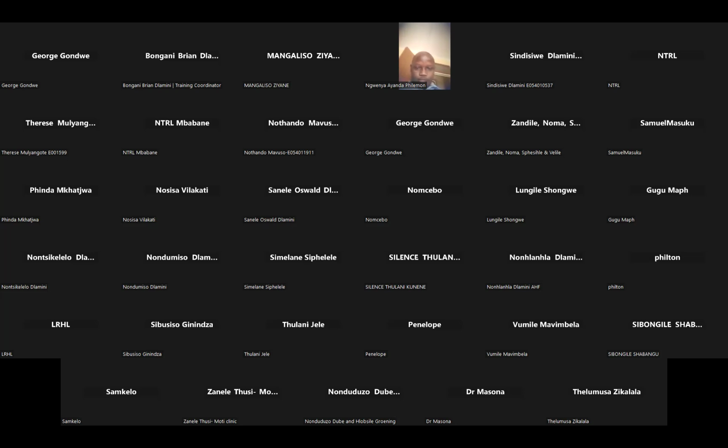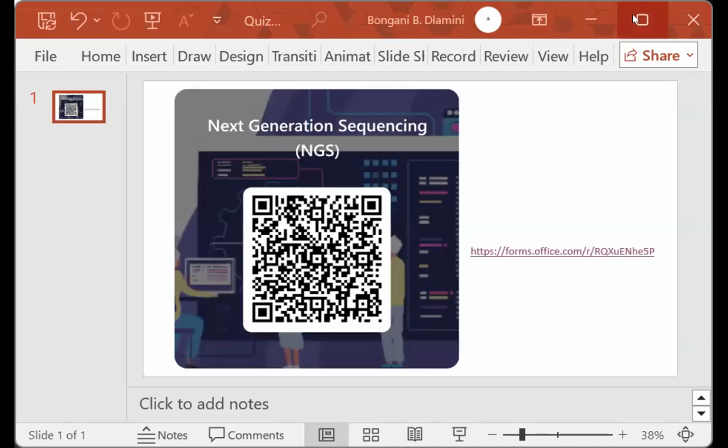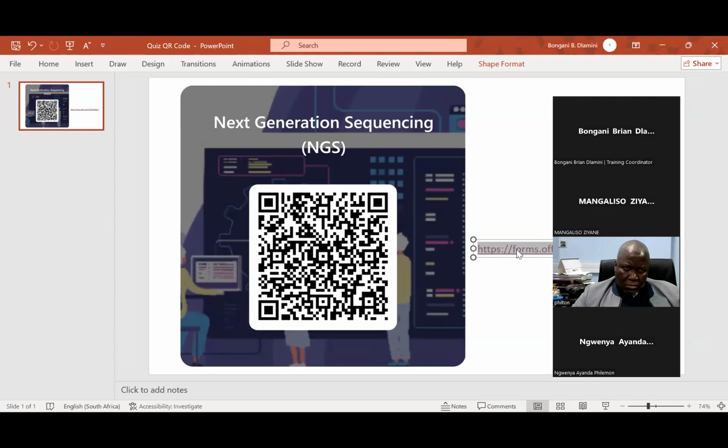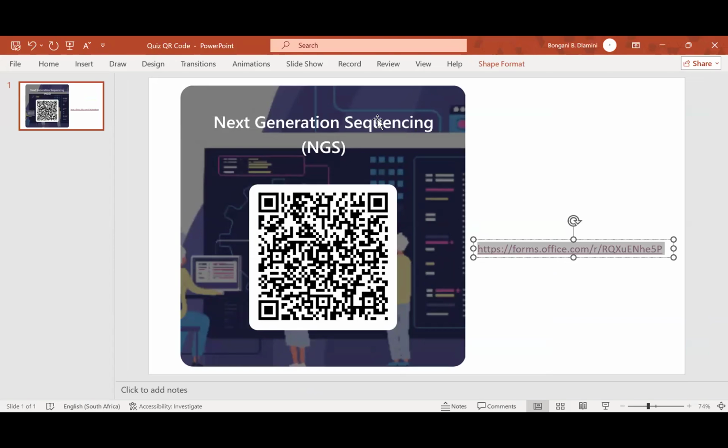You can scan directly from the screen and try to access the quiz. And on the chat box, I will also paste the link for this quiz. Please go through it, and that will mark your attendance register for today's session. You can find it on the chat box, colleagues.